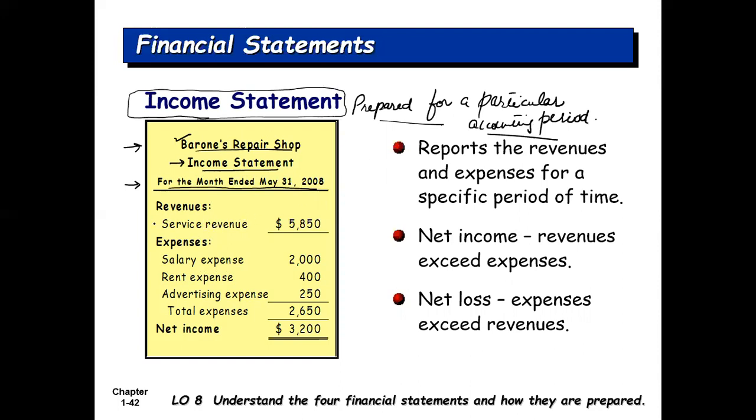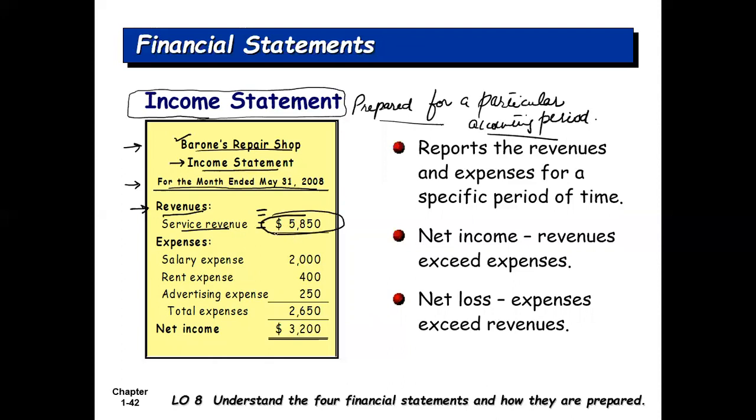So the income statement includes, first of all, revenues. You always write down revenues first, and then you categorize or classify different types of revenues under the heading of revenues. Here we have the heading of revenues, and then we have only one kind of revenue, and that kind is service revenue. If we have multiple types of revenues, then we will have a sub column where we write the amount for each kind of revenue, and we would write down the total in front of that, just like we have written this amount.